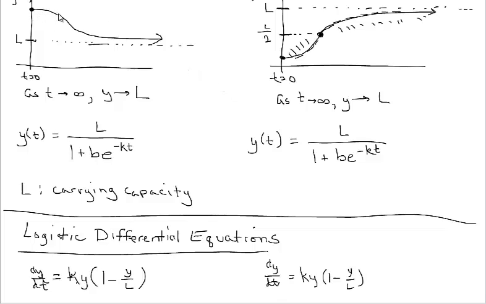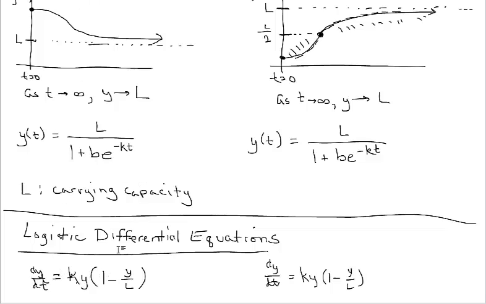So when we have a logistic decay situation, the logistic function is decreasing, so the slope of the graph anywhere, any tangent line here, would have a negative slope. Okay, so we would want this derivative dy/dt to be a negative number if we're talking about logistic decay.